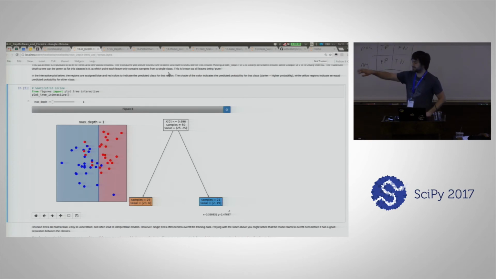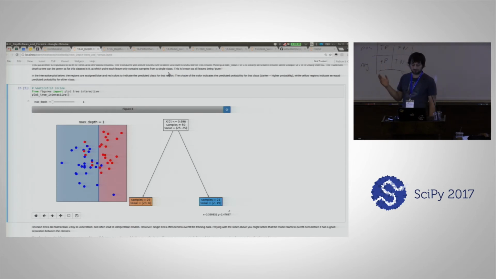So you have a data set here on the left, where we want to classify red versus blue points. Here we have two features, x-axis and y-axis. What the algorithm does is it tries to ask what is the most informative question I can ask, either about the x-axis or the y-axis.